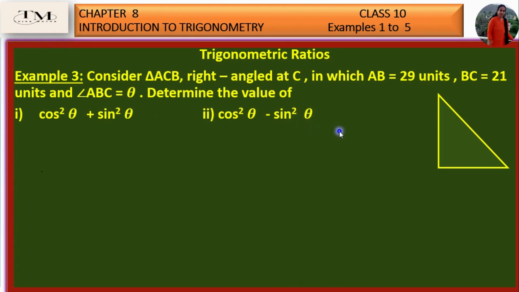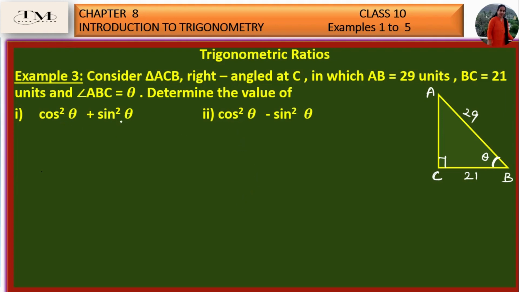There is a triangle ACB, right angled at C. Let us mark this as A and this as ACB. So angle C is 90 degrees. AB is equal to 29 units. BC equal to 21 units. Angle ABC is given as theta. We have to find out cos square theta, sin square theta values.